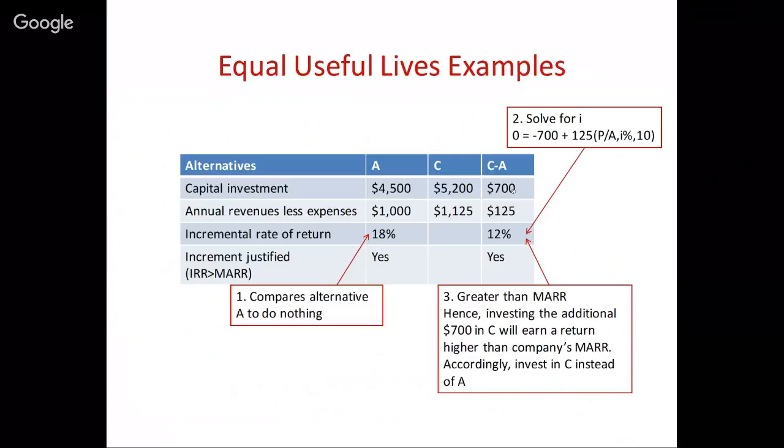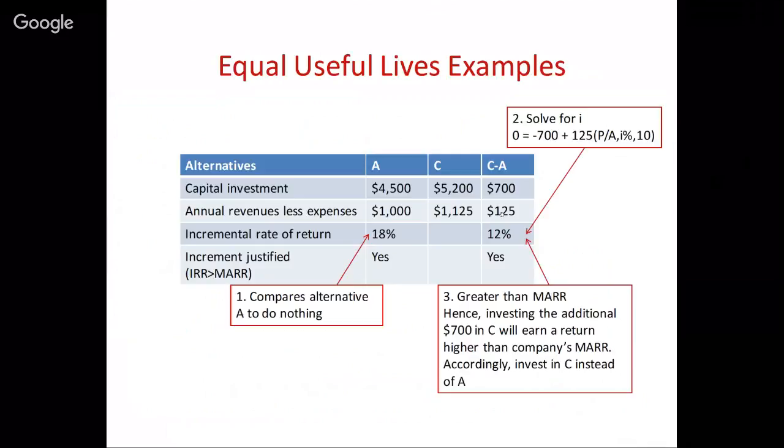If we had $700 extra, would we rather use it to move from A to C, where we would invest the $700 and get $125 extra? Or would we take that $700 and invest it at the MEAR? So we have $700. What would we rather do?